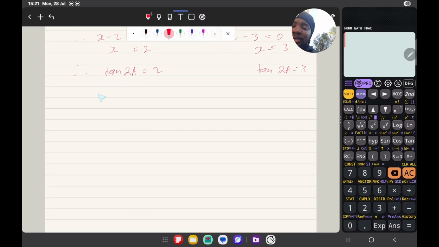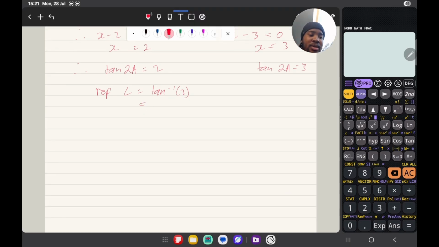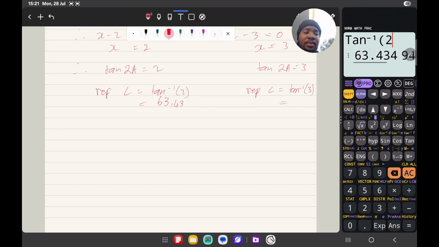So here you find the reference angle. It's gonna be tan inverse of 2, and the reference angle is 63.43. For this one, the reference angle equals tan inverse of 3, and the angle is 71.57.